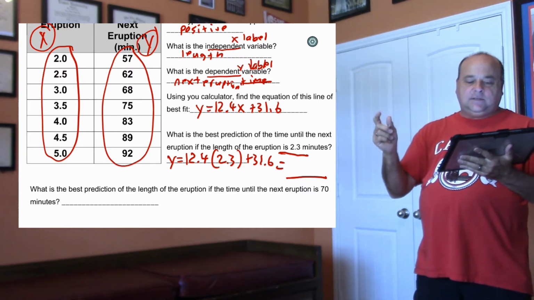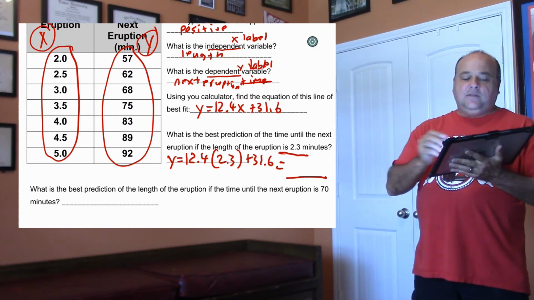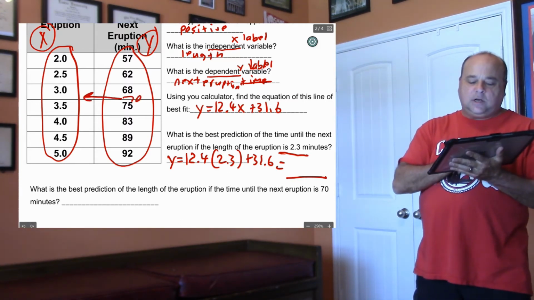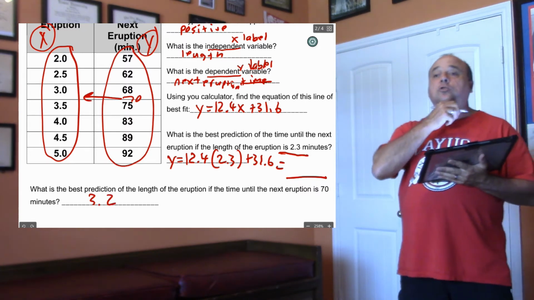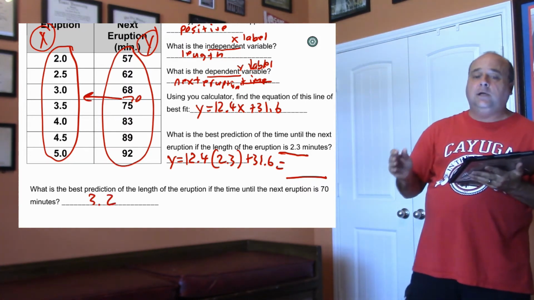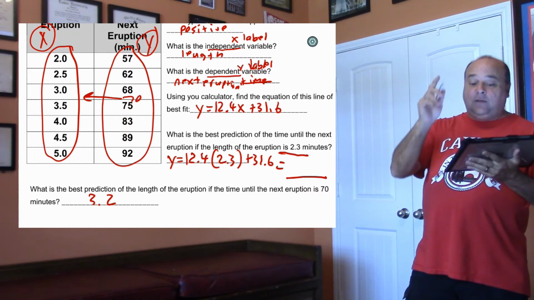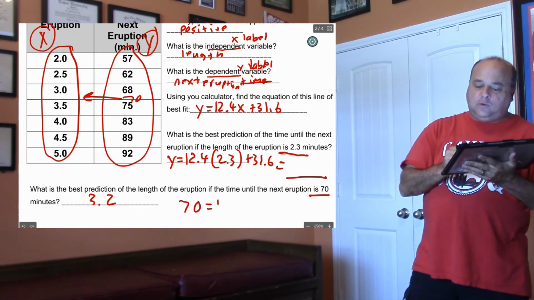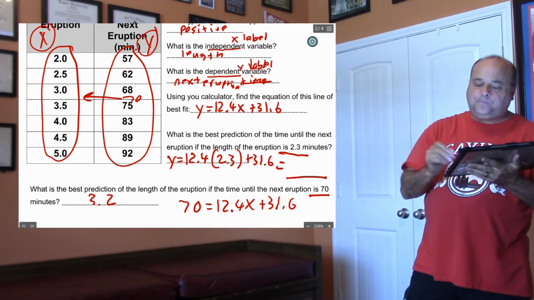Is 70 minutes, okay? Now then, the best length right here, this 70 right here, you'll go across, and it's going to be, what, about 3.2? You could calculate a table on that, okay? Now then, the way you would do that, actually, is you would replace 70 equals 12.4x plus 31.6.